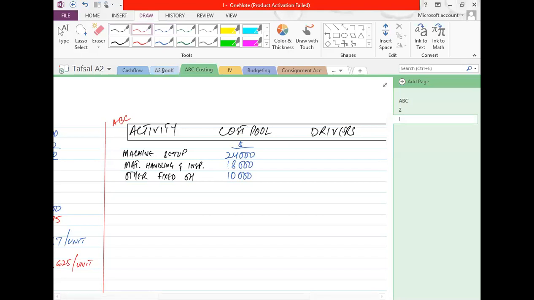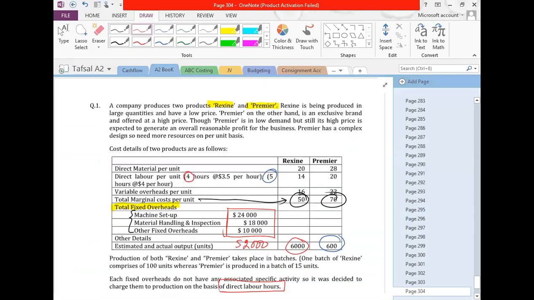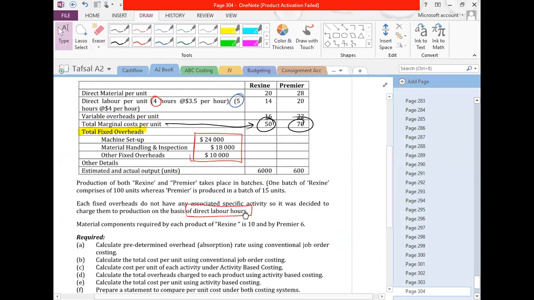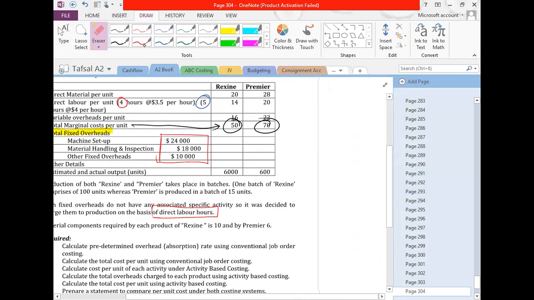Driver is something very interesting in this question. Look at the first paragraph, this one. Focus on it. One batch will produce 100. So how many batches? Should be 6,000 over 100, that is 60 batches.